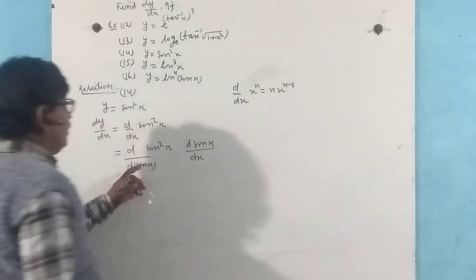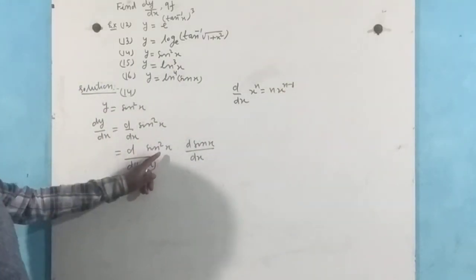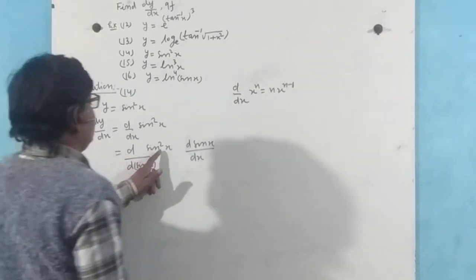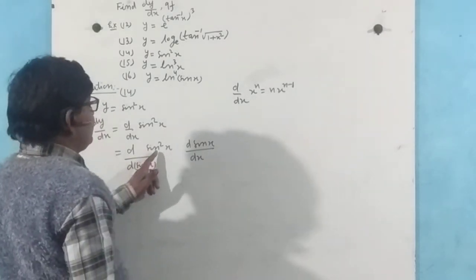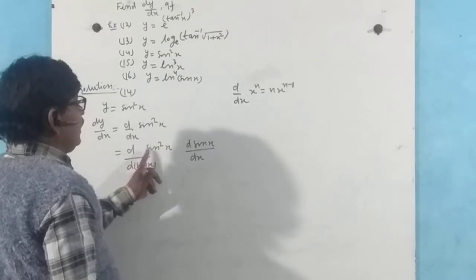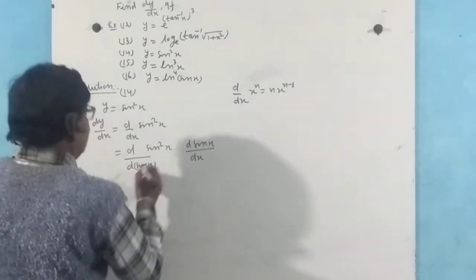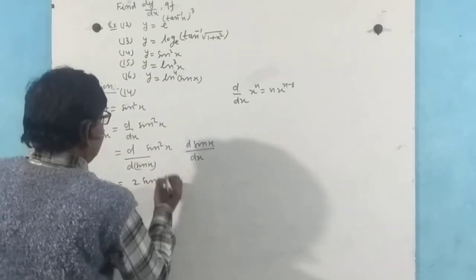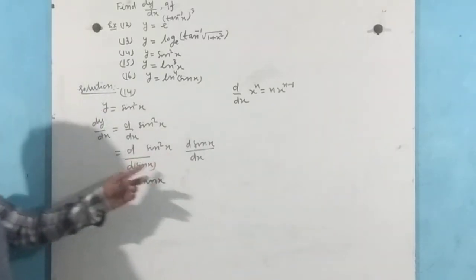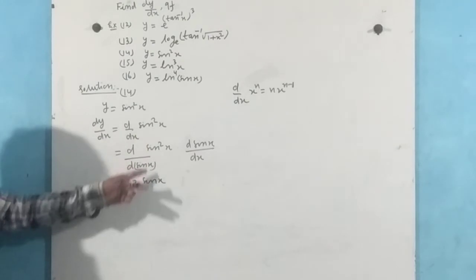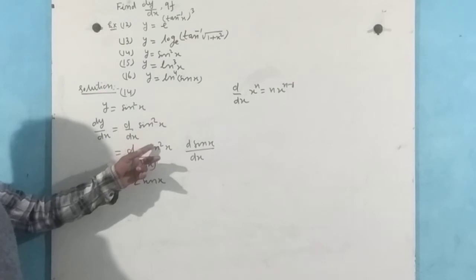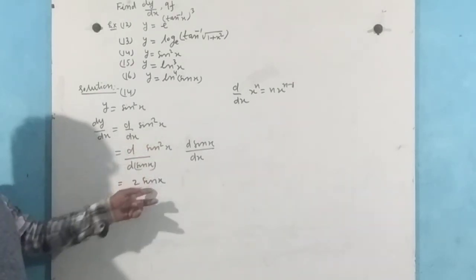In the similar way, differentiation of sin x to the power 2 with respect to sin x is equal to 2 sin x. Differentiation of sin square x by sin x is 2 sin x, since n x to the power n minus 1 gives 2 sin x.